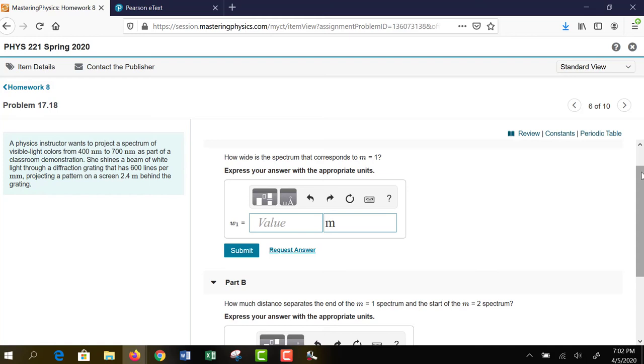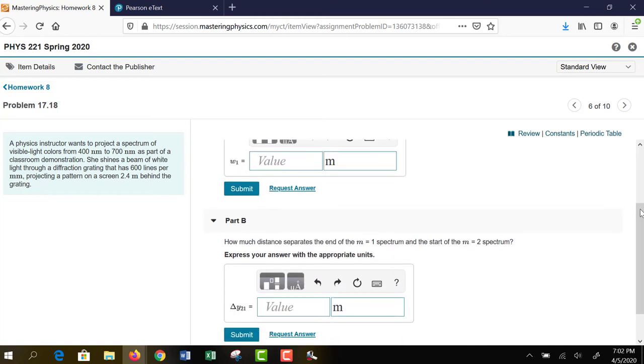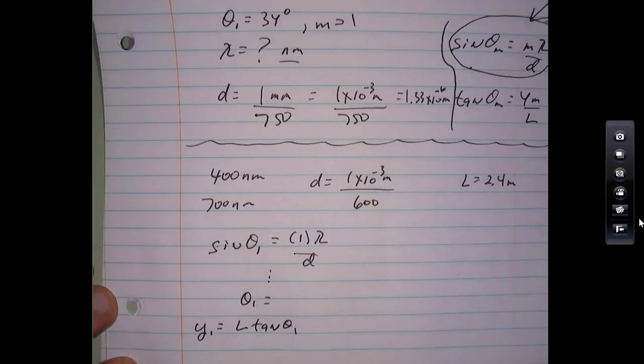And then the second part, how much distance separates the end of the m equal to 1? The m equal to 1 corresponds to whatever you figure out for the 700 nanometer color of light. And then the start of the m equal to 2 would be the m equal to 2 band corresponding to 400 nanometers. So let's see what we can do with this one.